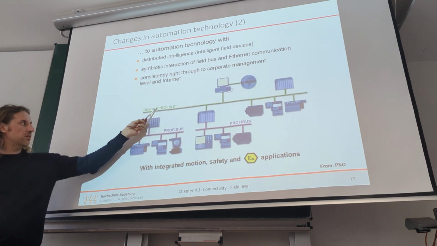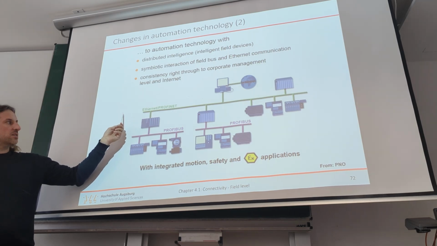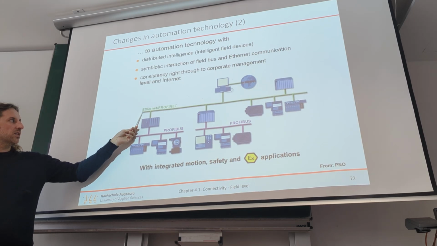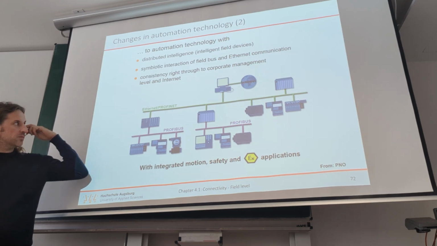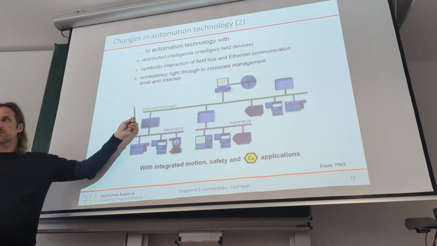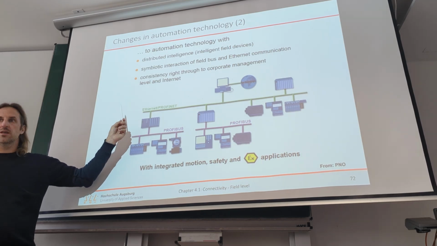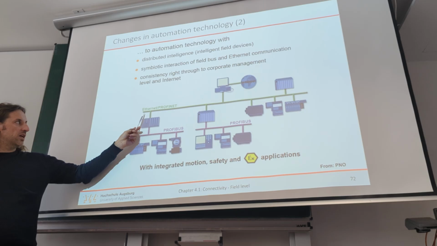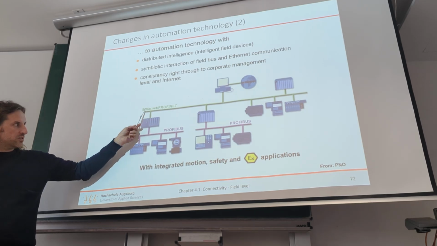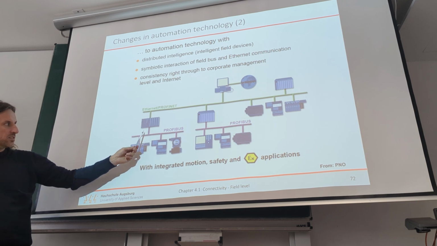So we use the standard Ethernet technology, but we extended it to so-called industrial Ethernet. We'll look at that in a moment. There we got rid of all the real-time problems and also mechanical issues that you would have on normal Ethernet parts. So that's kind of restricted, but still it's standard Ethernet technology with some extensions.